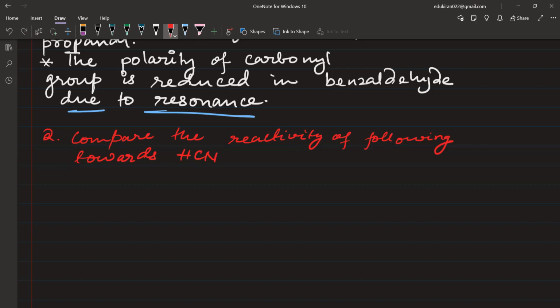So please write what we have to compare. Number one, acetaldehyde. Number two, acetone. Number three, di-tertiary butyl ketone.